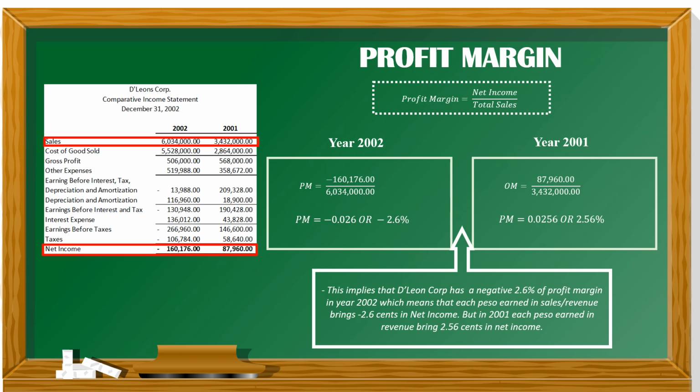Basically, this translates into a net loss for the year 2002. But in 2001, each peso earned in revenue brings 2.56 cents in net income. So basically, the profit margin represents what percentage of sales has turned into profit.